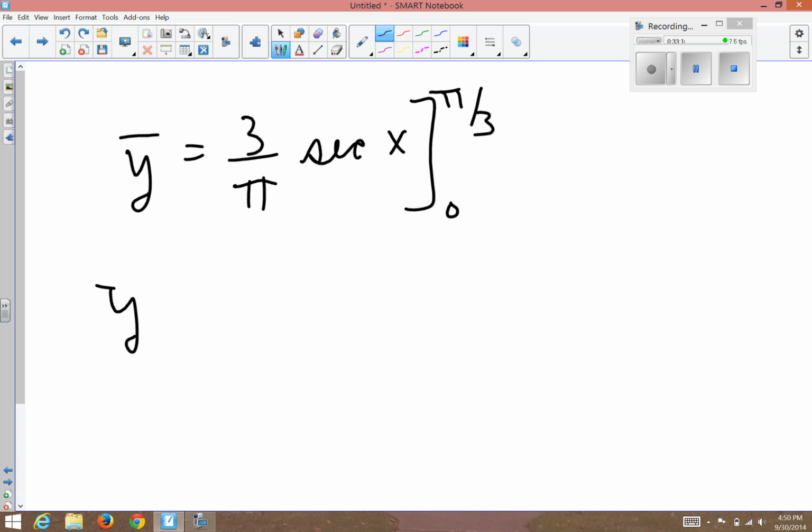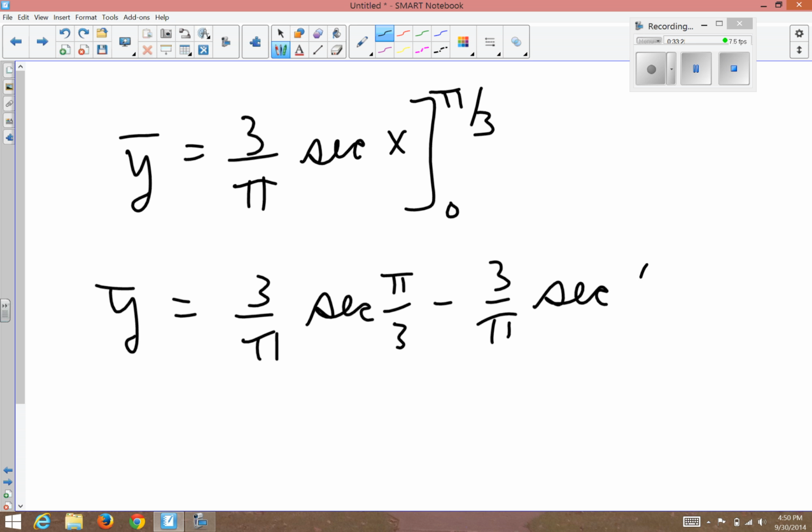So the average value of the function is 3 over pi times the secant of pi over 3 minus 3 over pi times the secant of 0. Pi over 3 is 60 degrees. I know the cosine of 60 degrees is 1/2.